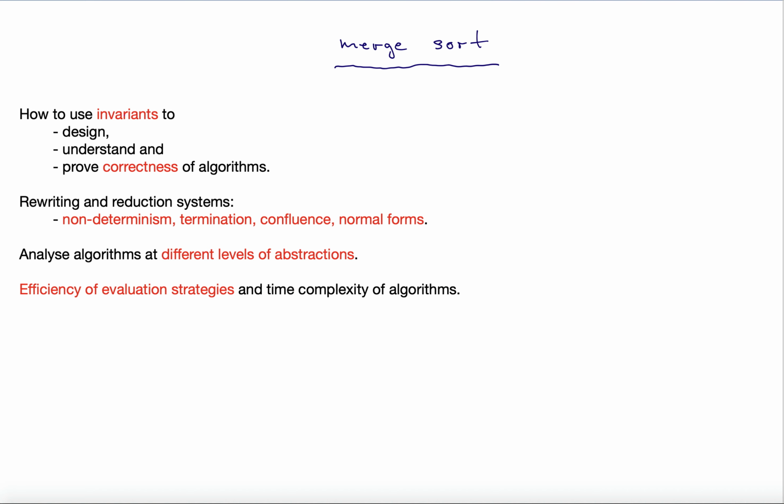That led us to evaluating different evaluation strategies in terms of the number of computation steps, the number of comparisons, and we could see that choosing different evaluation strategies would lead to an implementation of merge sort which has quadratic time complexity or which has n log n time complexity.